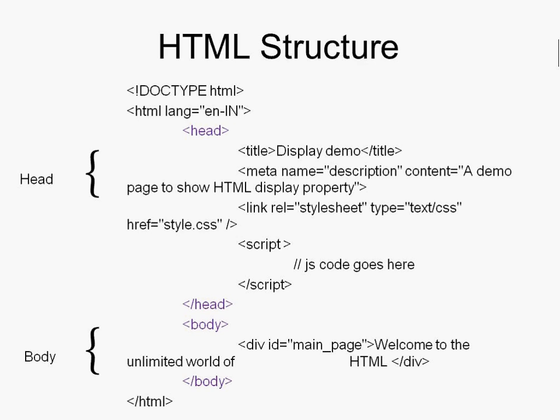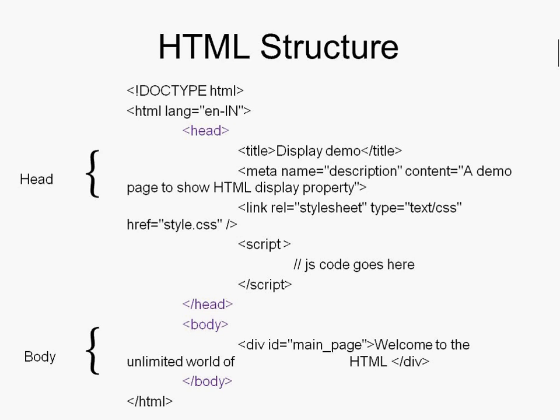And you have the head portion and the body portion inside. In the head portion, you have the title of your page, and then a lot of meta tags. One is description, another can be keywords, and a lot of other HTTP headers can come in the meta tags. This is additional information about your document, which browsers or even search engines can use.